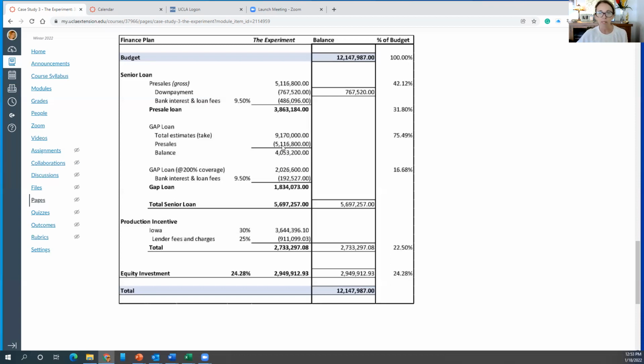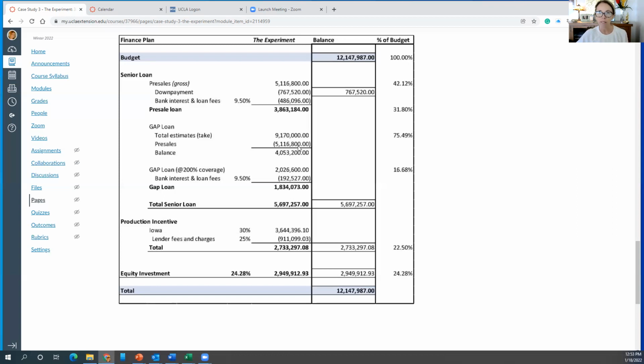So we're taking out pre-sales of 5,116,800, which leaves us with unsold rights we still can sell of 4,053,200. Now, how does this translate into a bank loan? The bank will look at these unsold rights and provide a loan against it. A loan in the value of 50% of these unsold rights, up to 20% of our budget.